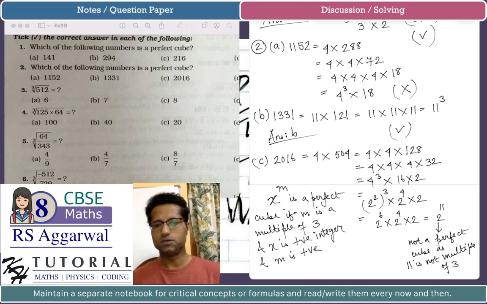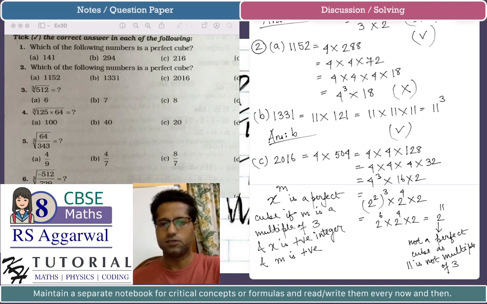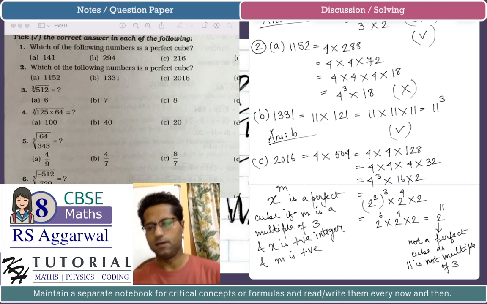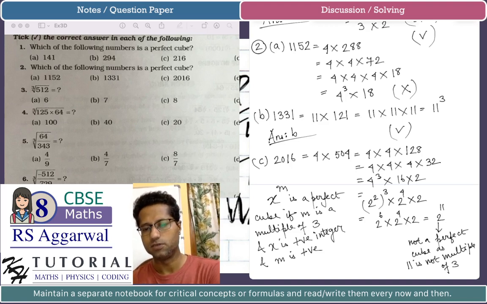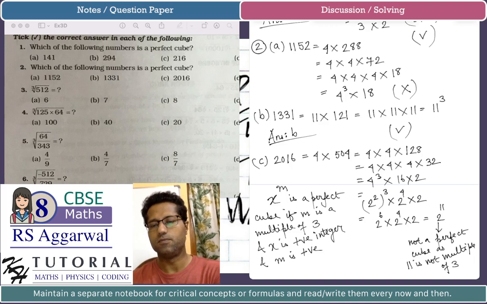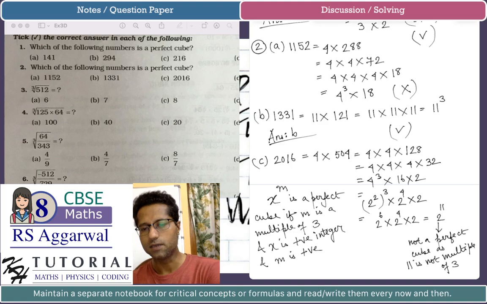A perfect cube is always a natural number for which there exists another natural number whose cube is that natural number. So any exponential term of the form x to the power m, where both x and m are positive integers, will be a perfect cube if m is a multiple of 3.